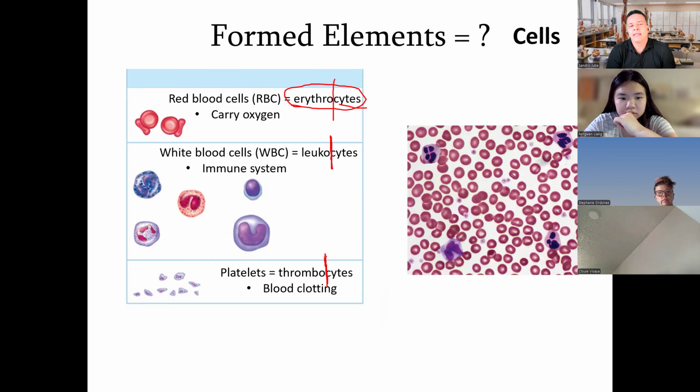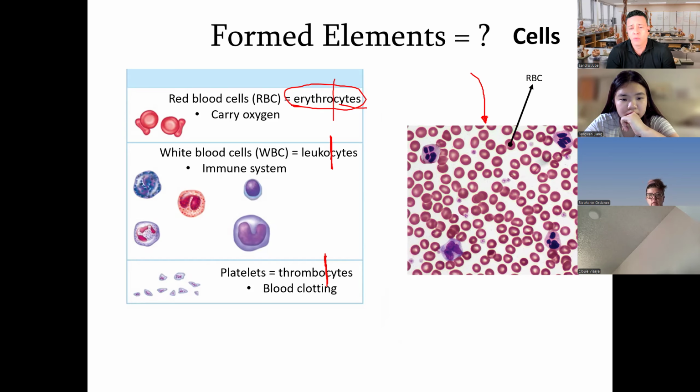Now, let's say that I take a sample of blood from a healthy individual. And I take the drop of blood and I put it onto a glass slide and I look under the microscope. This is what I would see, folks. What are we looking at right here? We're looking at a drop of blood from a healthy individual under the microscope. And we can see all these red blood cells.